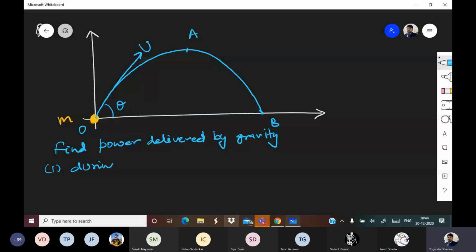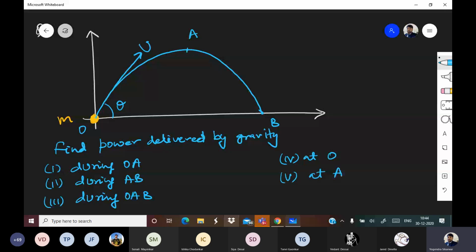during OA, number two, during AB, number three, during OAB, number four, at O, number five, at A, number six, at B. Okay. So now you need to solve this and give me the answers. Your time starts now.